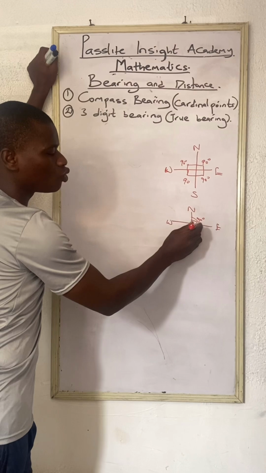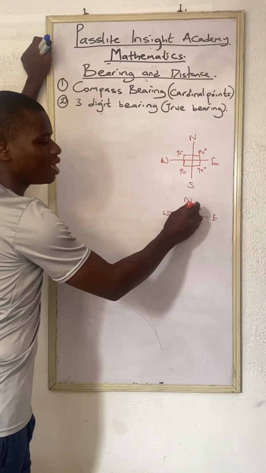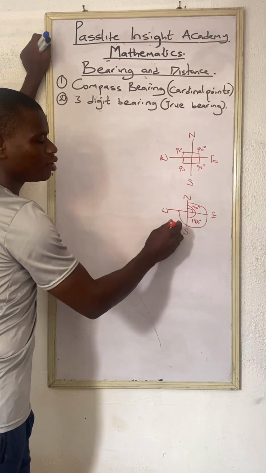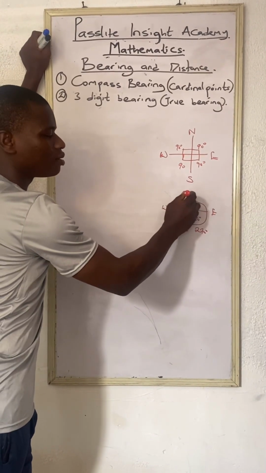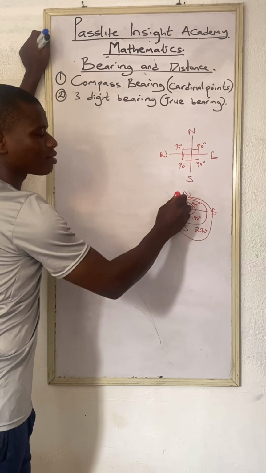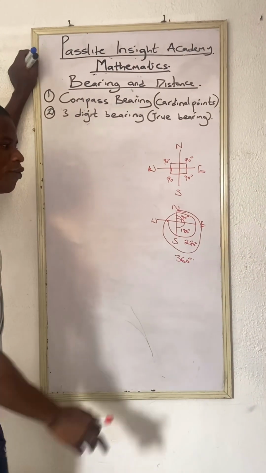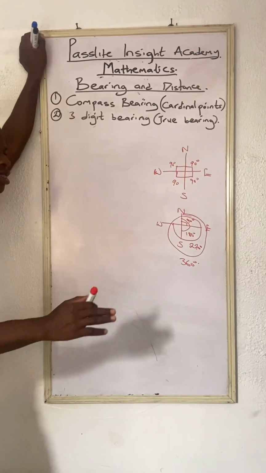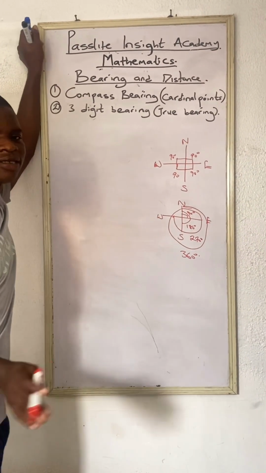From the beginning to this point is 180 degrees. From the beginning again to this particular point is 270 degrees. And lastly, from the beginning to the last part is 360 degrees. So if you understand this, it has given you like 50% knowledge on bearing and distance.